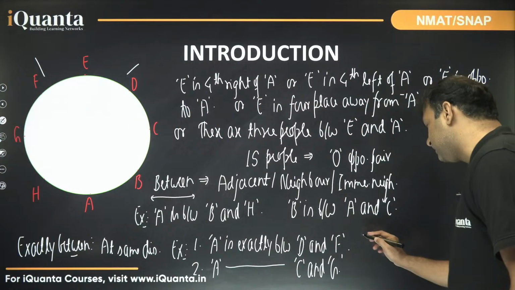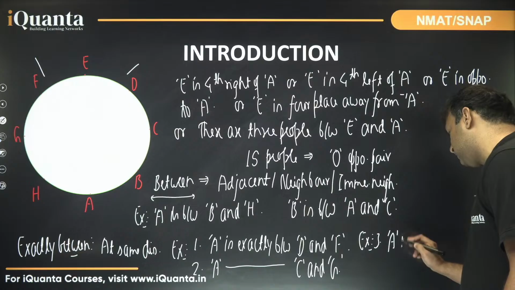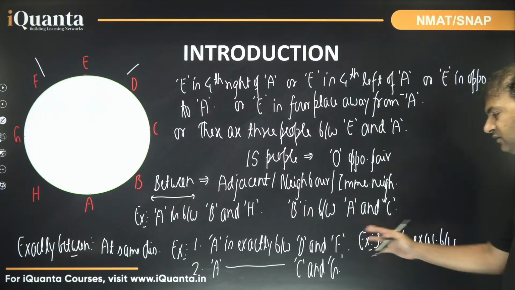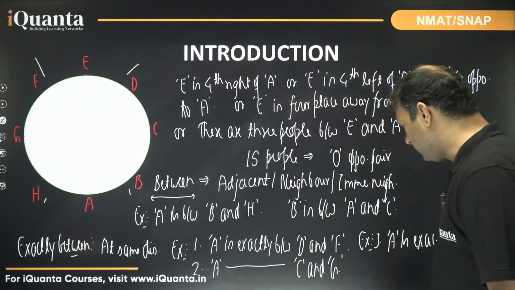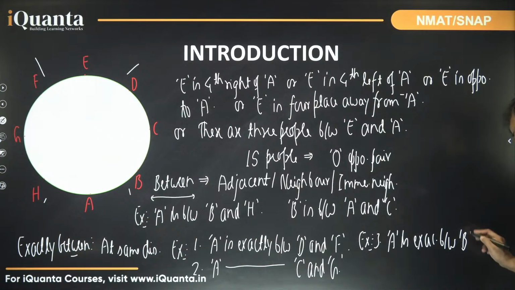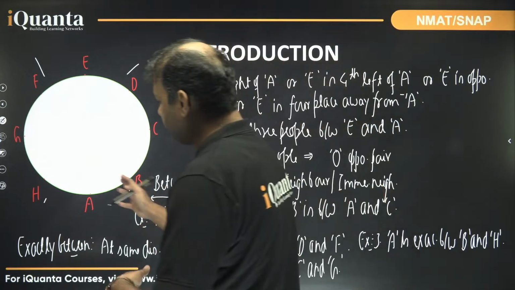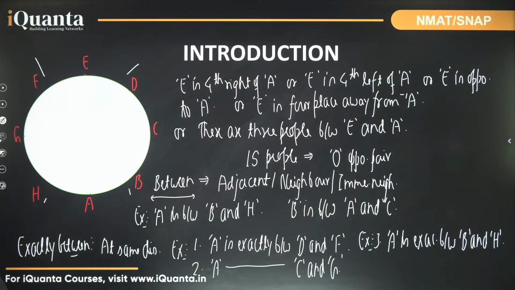Now the third example: similarly, we can say A is exactly between B and H as well, right? Because the distance is same, and that distance is nothing but 1. Whatever the distance is, it should be same. So the distance of A from B and H is also same, which is 1. So this is how we understood about exactly between as well, right?